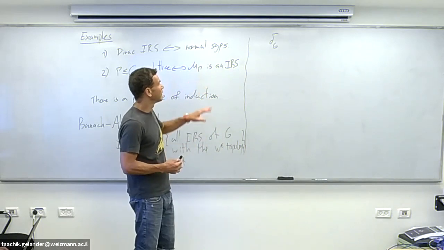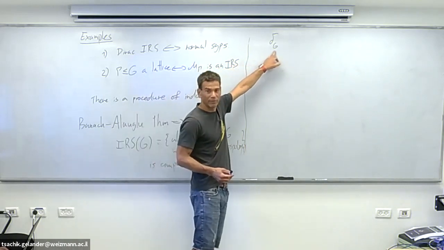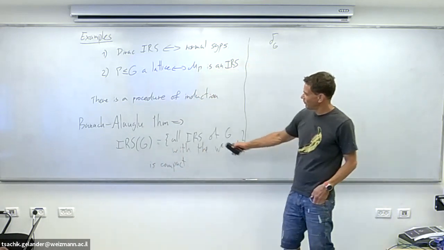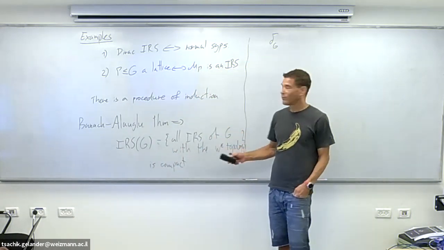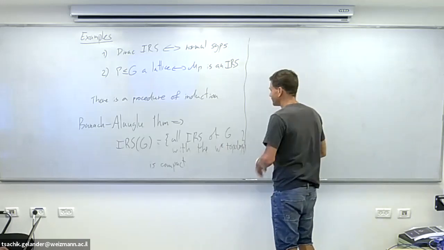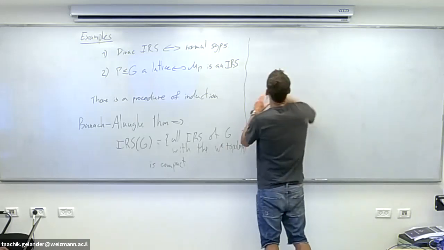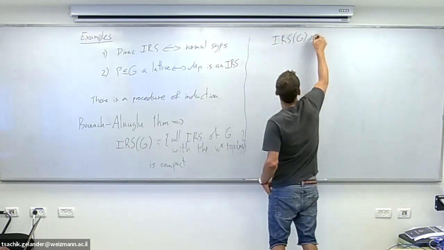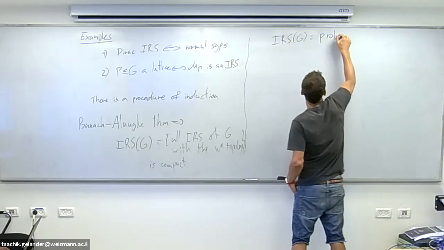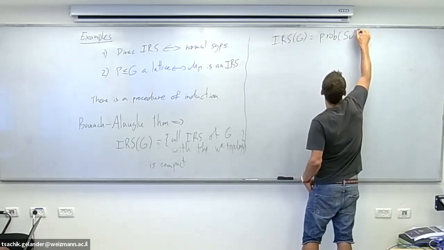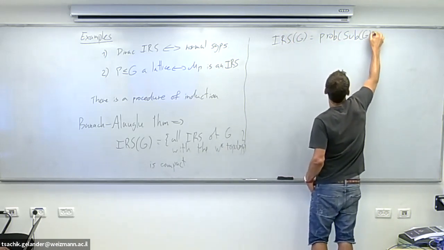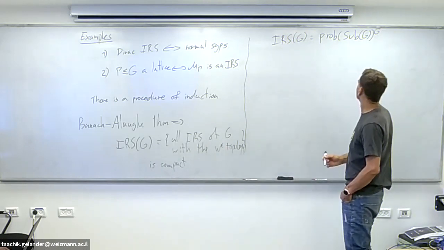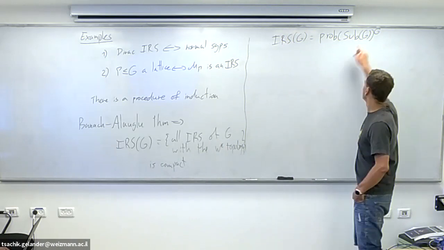And this point bothers me because, as I told you, IRSs are probability measures on the space of all subgroups. So we can write it this way: IRS of G is the space of all probability measures on the Chabauty space of closed subgroups which are G-invariant.